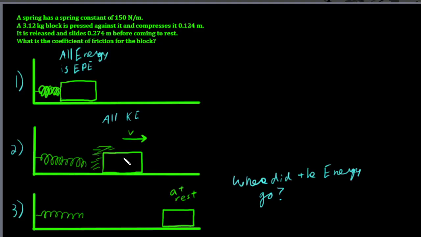In stage 2, we have some kinetic energy, some energy that's visible as it's moving. And then at stage 3, the block's at rest. The spring is at a fully relaxed length. It's not compressed. So where is the energy? The energy we had at the beginning doesn't seem to be there. It seems to have been lost. We know that energy is not destroyed, though. So where did it go?